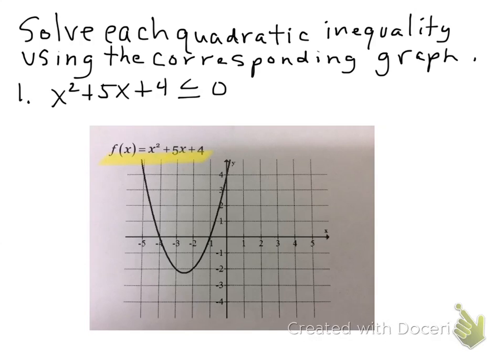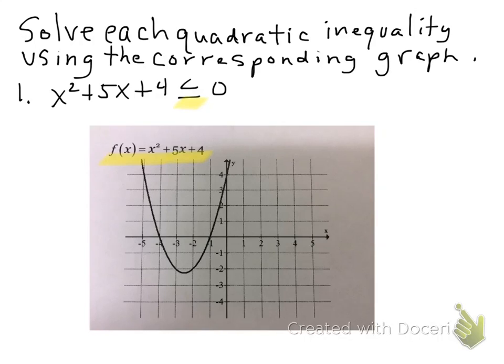First of all, we have the equal symbol here. In other words, we want to know when this expression is either less than or equal to 0, or what x values cause this expression to be less than or equal to 0. So we do want to know when it's equal to 0.